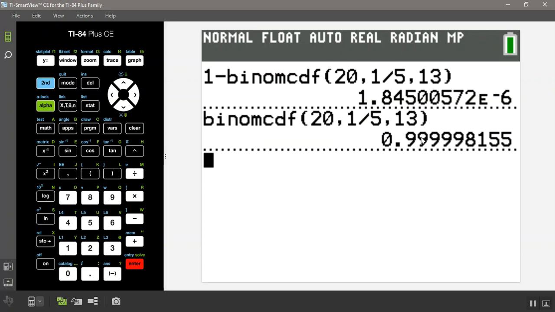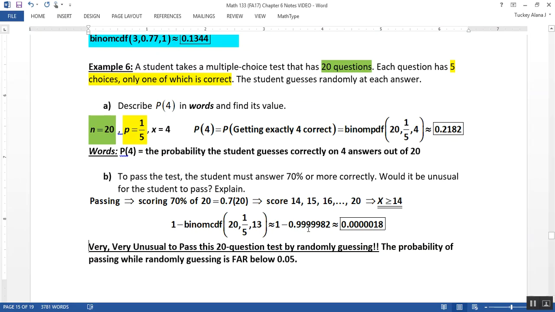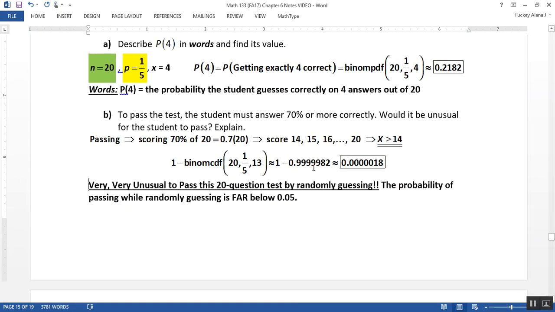There it is, 0.99999. See those 5 nines and then the 8 and 1? That's why you have to move the decimal spot so far over for your result. And there we have it. So it's 1 minus 0.999982, which has 5 zeros and then a 1/8.